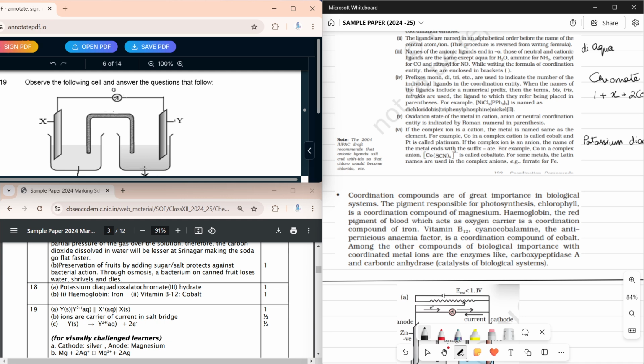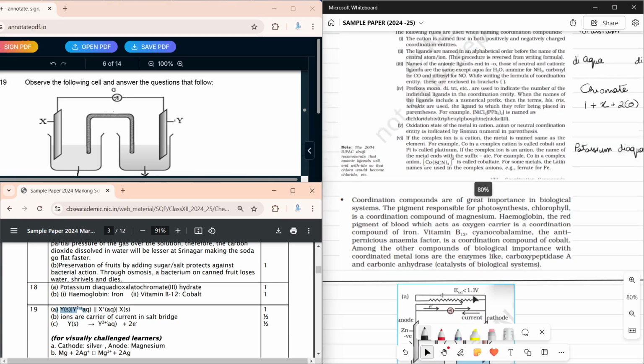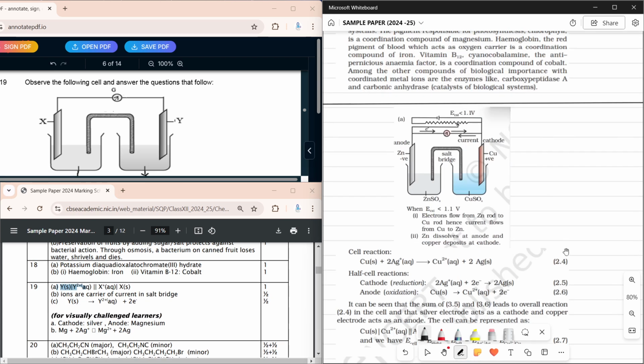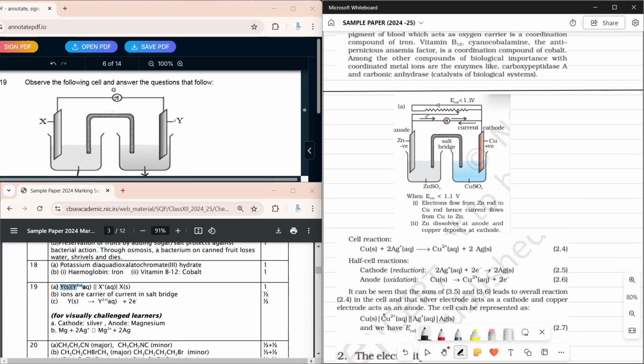However, when you look at the answer over here, it implies that this particular, so usually we will have our anode on the left, and then you will have the cathode on the right. So we need to figure out our cathode and anode.